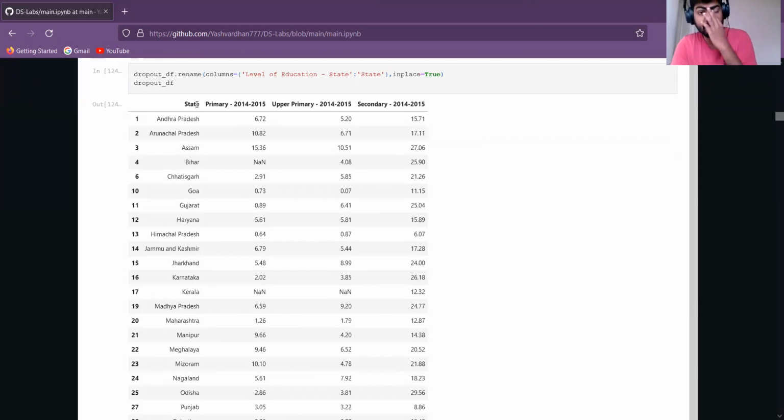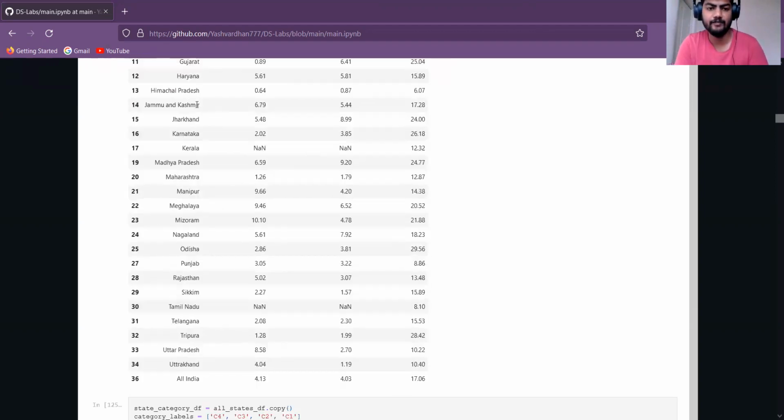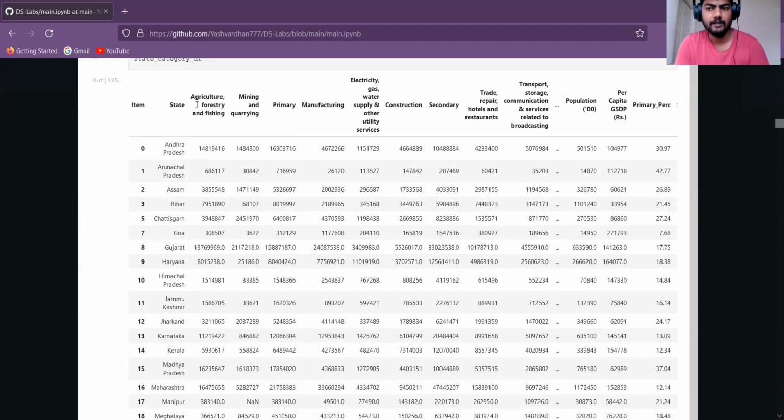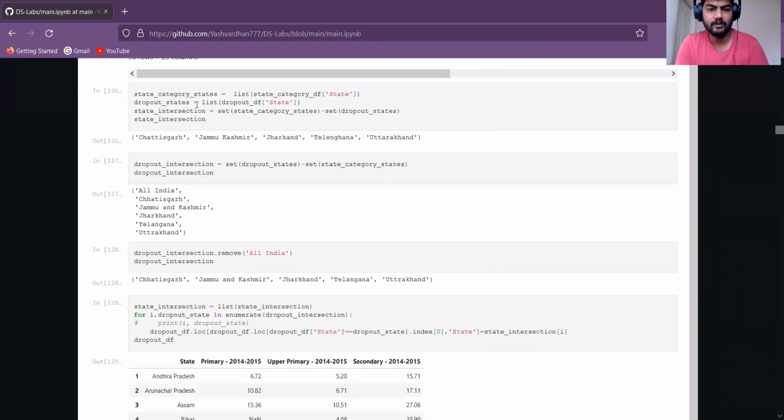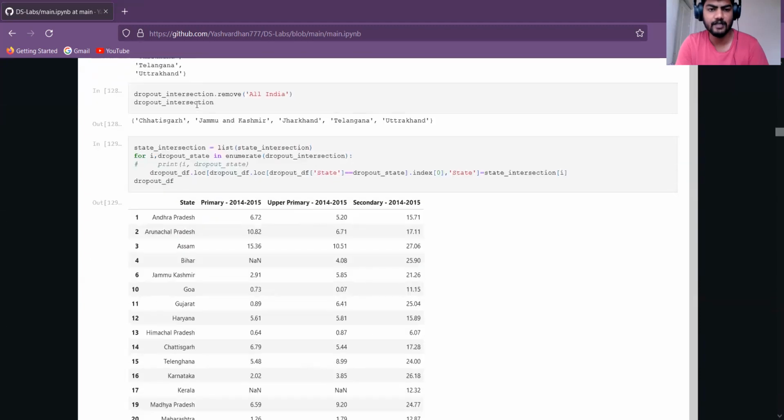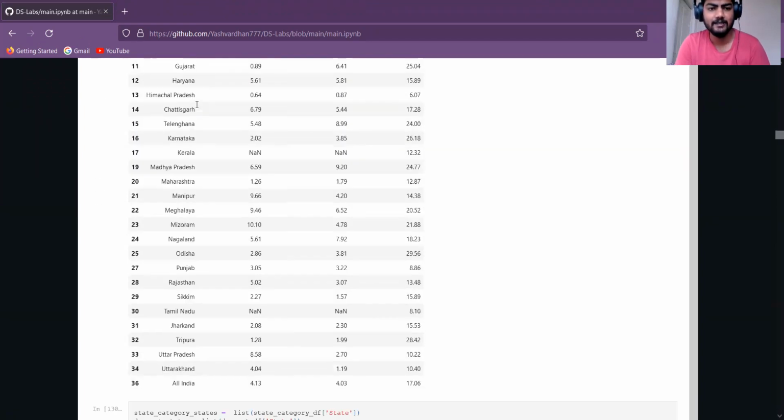And we calculated how the primary sector, upper primary sector, and the secondary sector for the year 2014 to 2015 contribute to the GDP of the country for each state. Then we calculated all these values, and we removed all the union territories because they ultimately affect our state analysis.